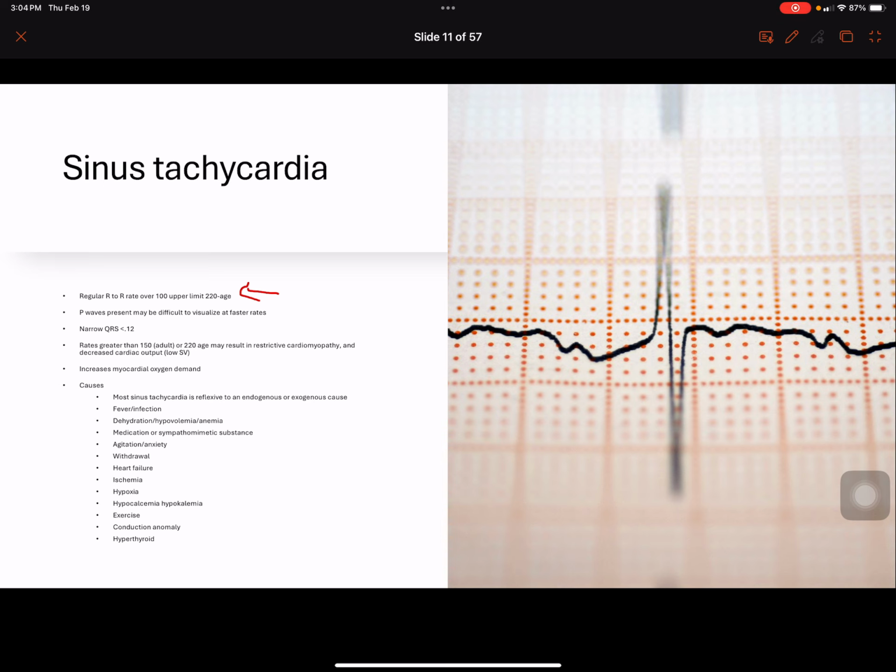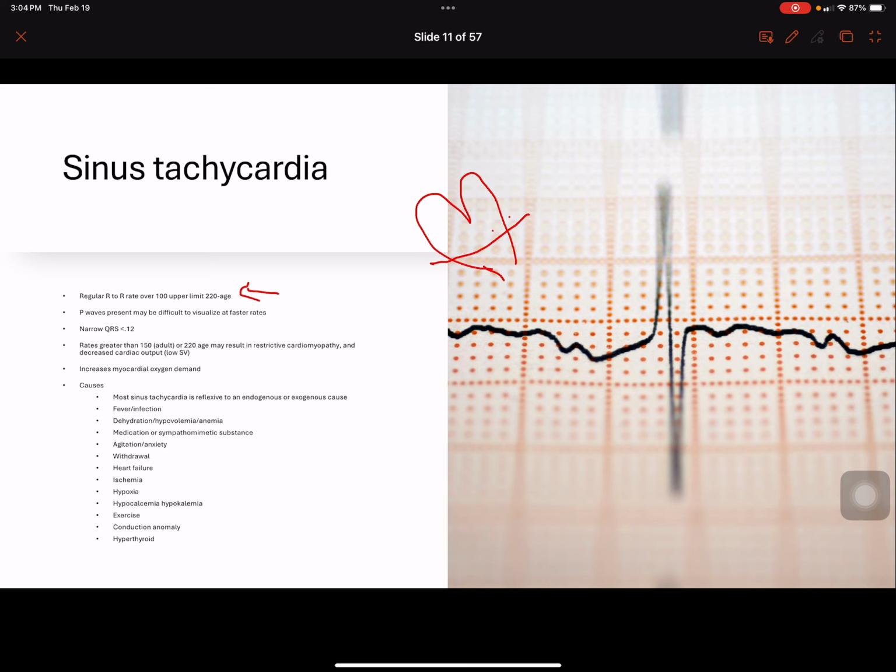And once we start seeing rates up towards that upper limit, we are in a state where we could, again, remember, have that really poor filling. Because if I have such a fast heart rate, my heart cannot fully expand. So it is a type of what we call restrictive cardiomyopathy, because the heart rate is so fast that we don't have time during that cardiac cycle to get adequate filling.